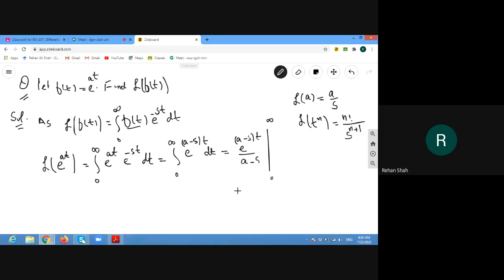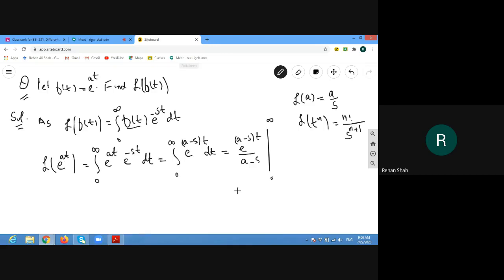Is it clear? So let's impose a condition, because for some values, if a minus s is less than 0, this integral exists.